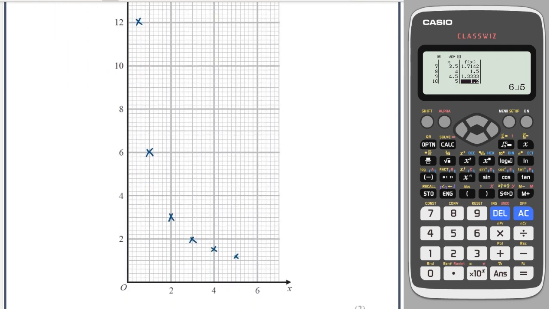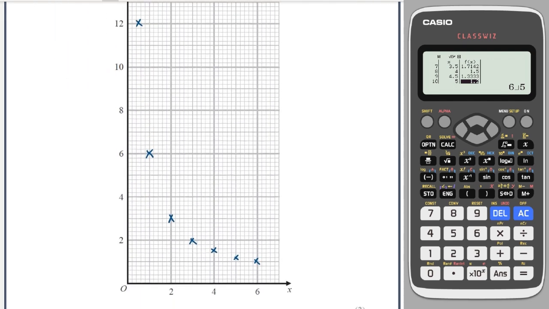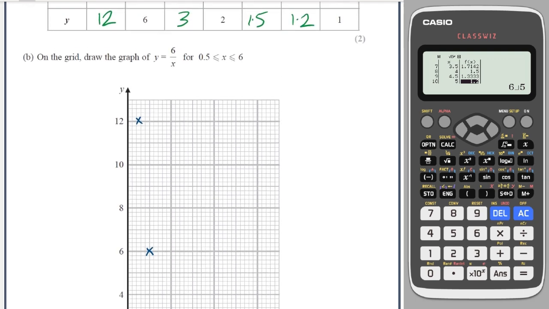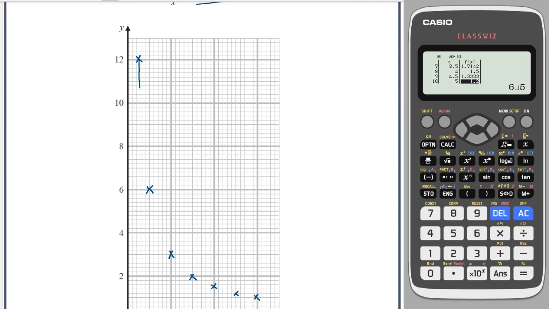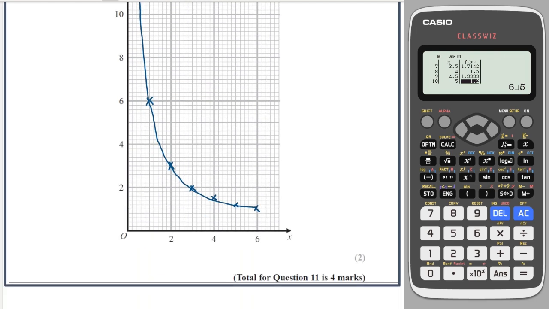And then 6 is 1. Great, and then we connect it up in a nice smooth curve, and it asks us just to do those numbers, so we don't need to extend it at all. So we just draw a nice smooth curve, trying to go through all the points. That looks good to me.